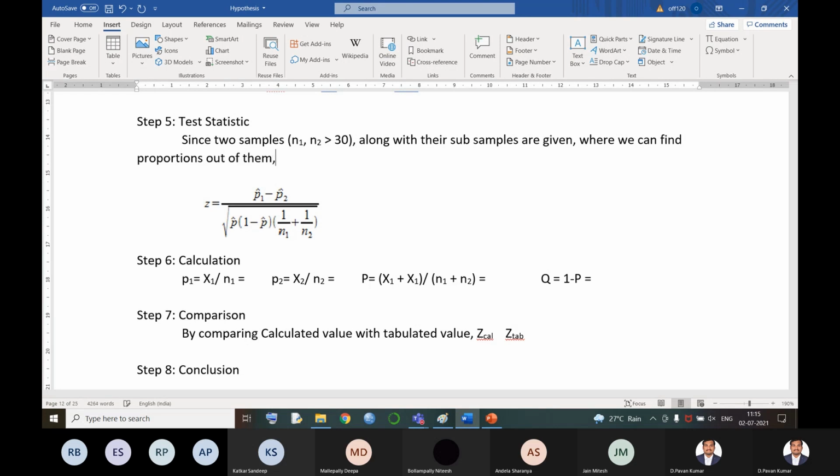So we use large sample difference of proportion. Why are we writing large sample? Because both the samples are greater than 30. Okay, so this is the formula where we need to substitute.